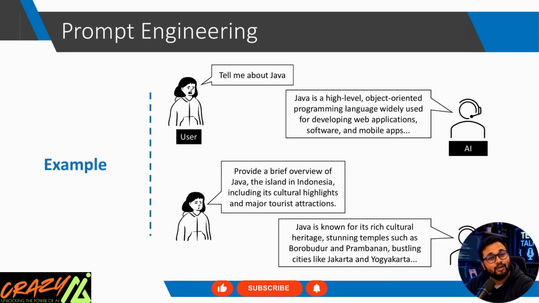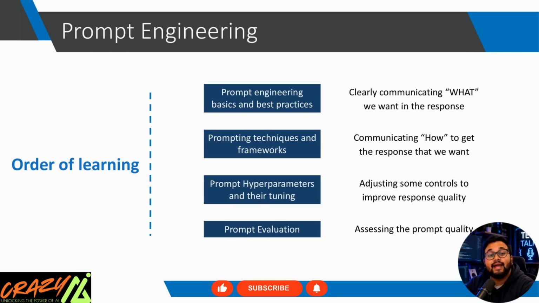Now let's understand the roadmap we'll follow throughout this course. This course is organized into four major sections. First, we'll learn prompt engineering fundamentals and best practices. These concepts will help you understand how AI interprets instructions. Next, we'll explore prompting techniques and frameworks that allow us to control how AI generates responses.